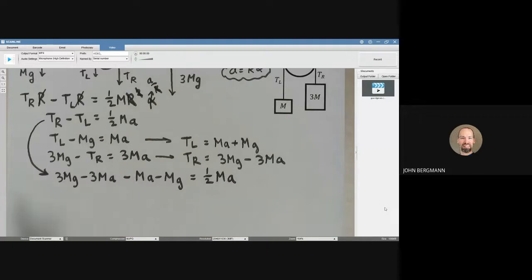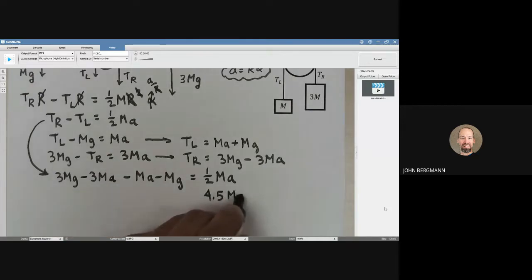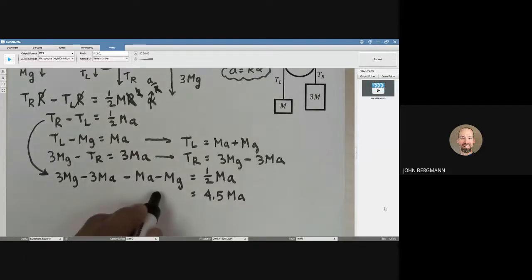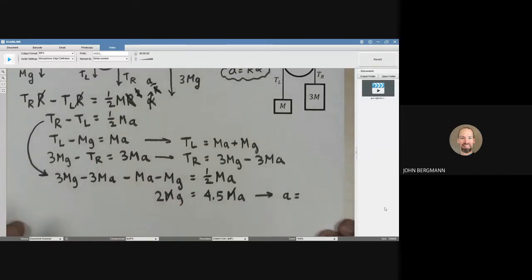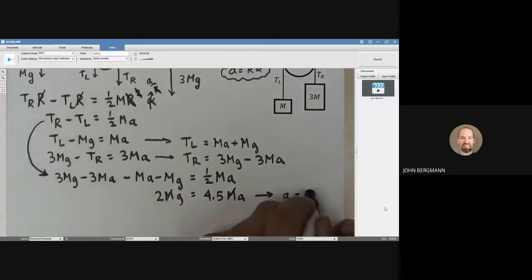Now, can we simplify this? Over here, I'm seeing 4ma. If I put those on this side, that's going to give us, I'll use a decimal there, 4.5 ma. And over here, I'm seeing 2 mg. The m's cancel. So I'm seeing that the linear acceleration of this is going to be, what's that fraction? 4/9? 4/9 of g.